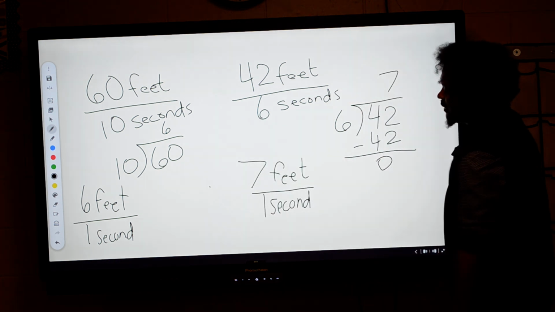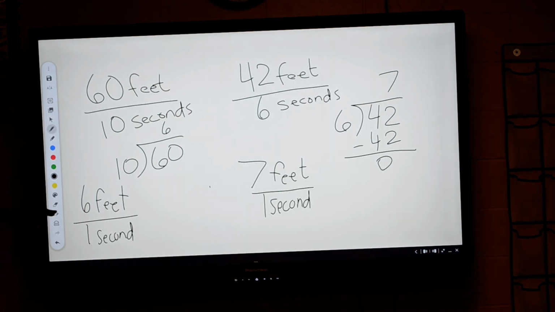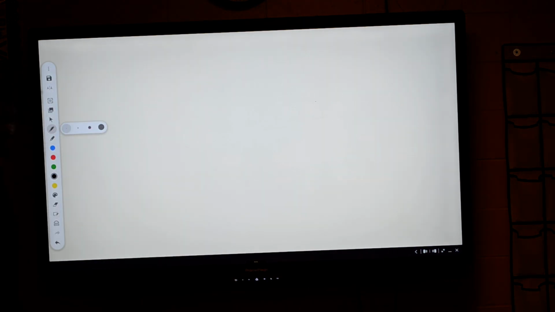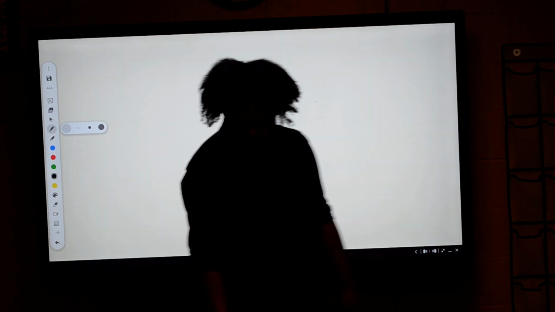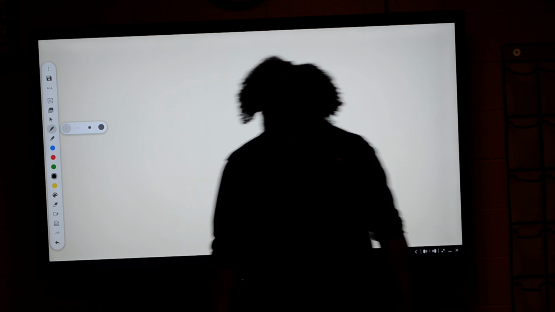So I'm going to get rid of this and we're going to come up with a complete sentence. Okay? So it says, who walks at a faster rate? Someone who walks 60 feet in 10 seconds or someone who walks 42 feet in 6 seconds?